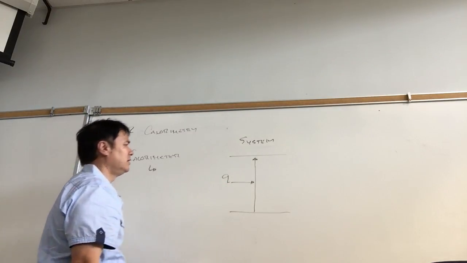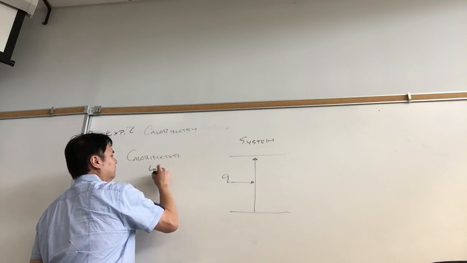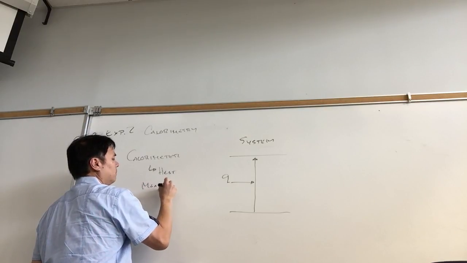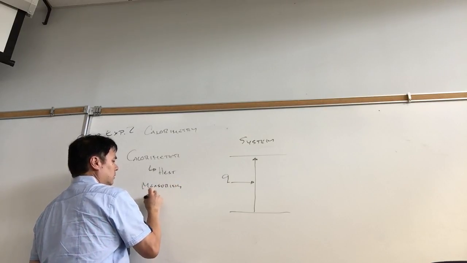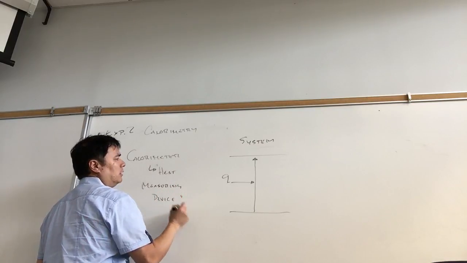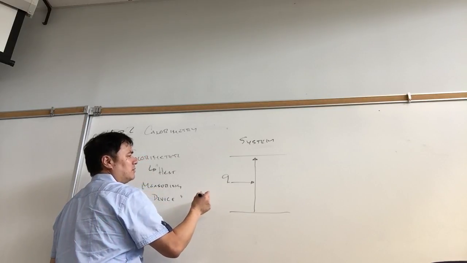And so in this case, the surroundings here would be a heat measuring device, would be one way of putting it. One way of looking at the surroundings, well, the surroundings must have lost energy.